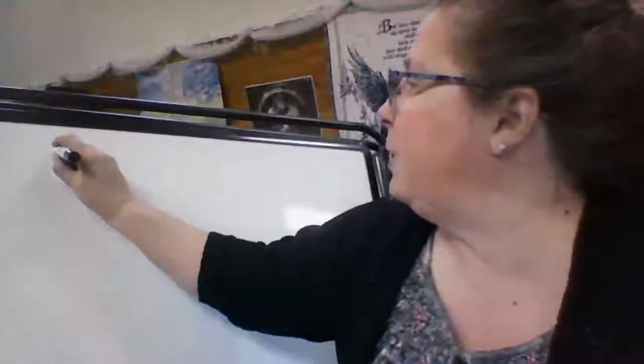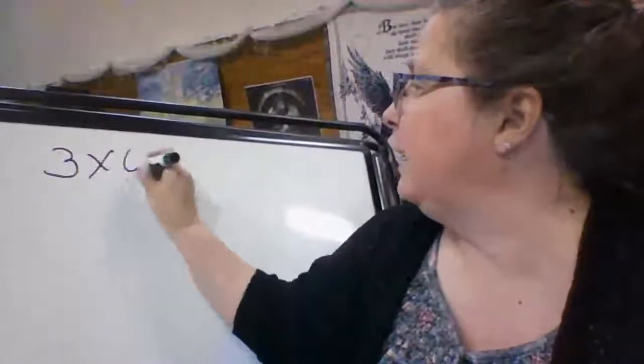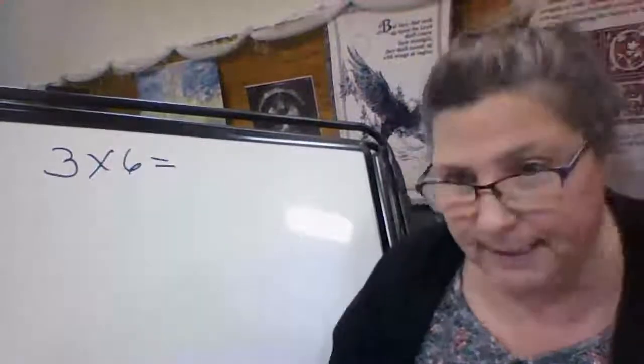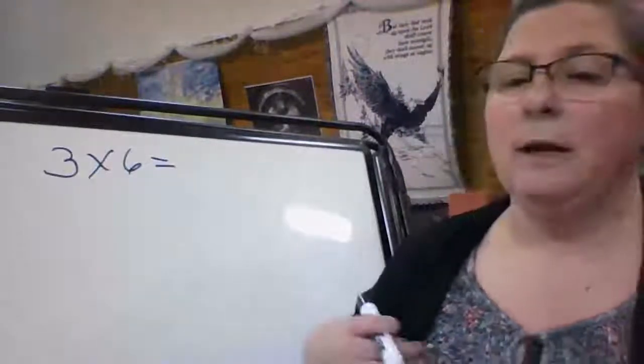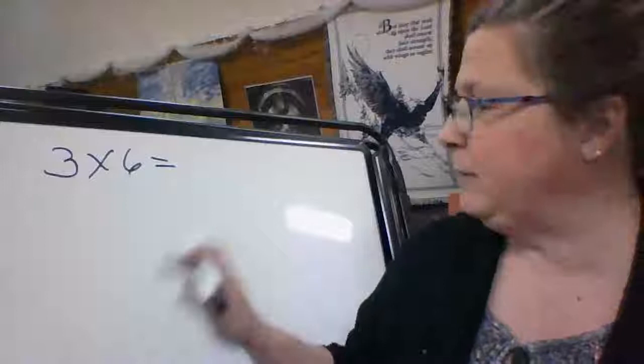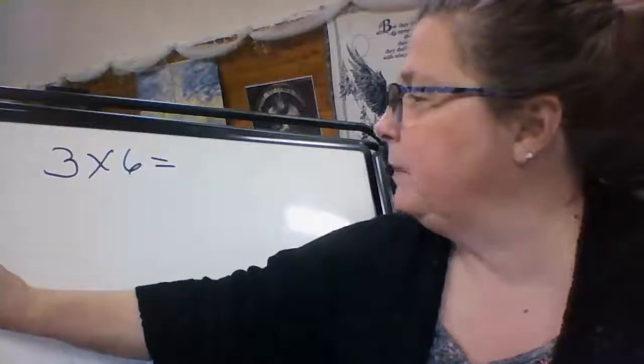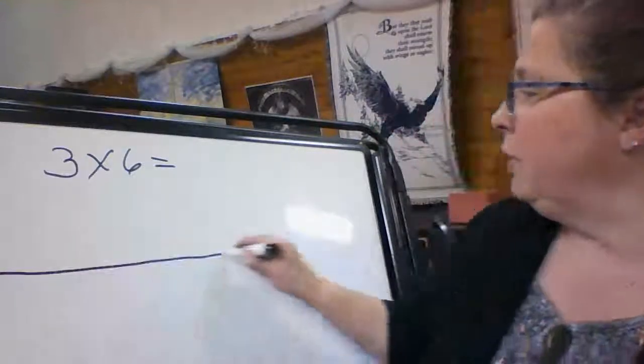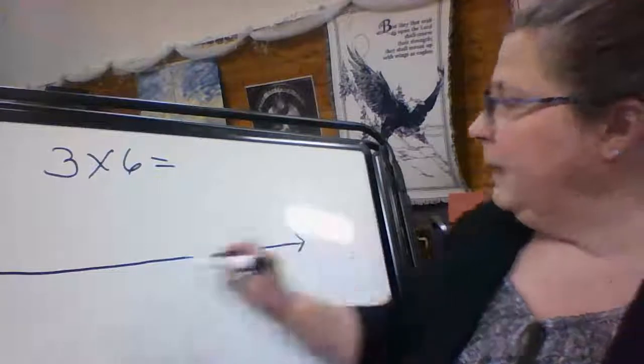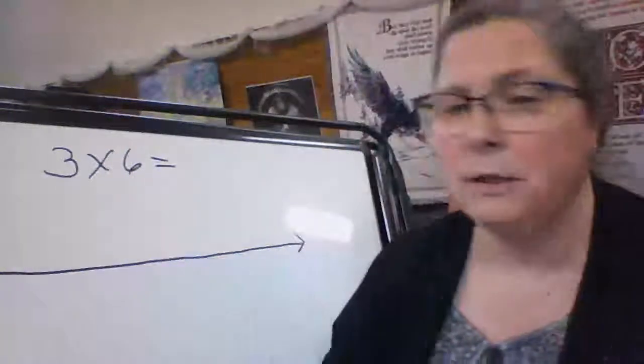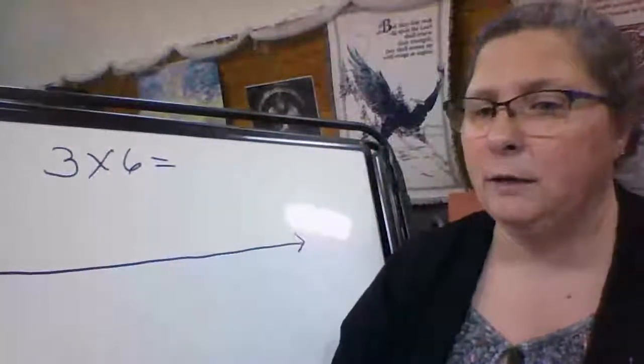So let's put up our 3 times 6 again. And we don't know what that is, even though some of you do. But for the sake of argument, let's pretend that we don't, because I want to draw a number line. My whiteboard is pretty small, so I'm not really going to be able to put in all the numbers.